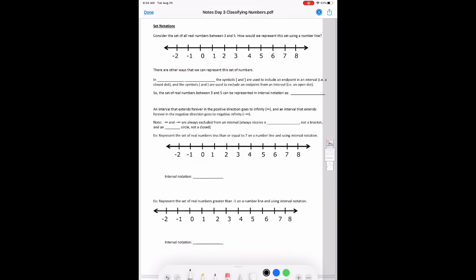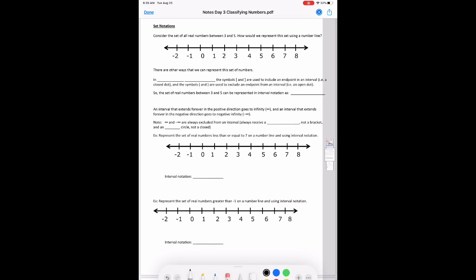All right. So let's talk about set notations now that we've classified our numbers. So let's consider the set of all real numbers between 3 and 5. How would we represent this set using a number line? Okay, so first of all, we need to pick out important words. I know a lot of times in math, we don't think that the words or directions are that important. It's only the numbers that matter.